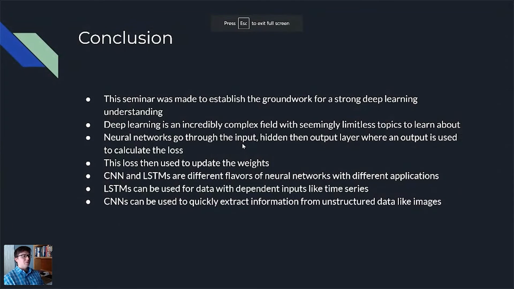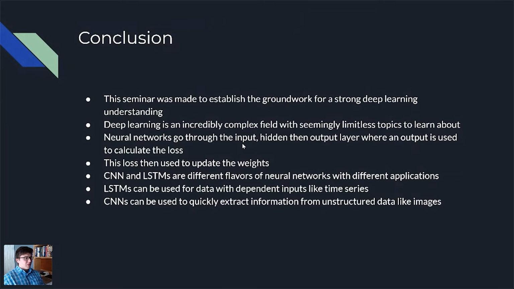So from this, I'm hoping you have a strong understanding of the basics of deep learning. It's an incredibly complex field with limitless topics that you can just learn about for hours. You can write an entire book on deep learning, you still wouldn't even cover a quarter of what's out there.